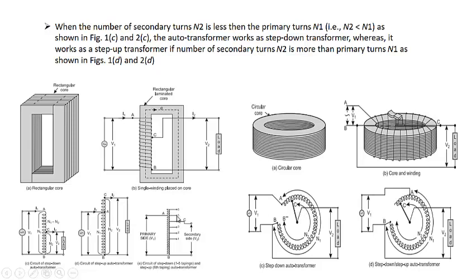For example, here N2 is greater than N1, so it's a step up transformer. Here also, if we connect to this point C, it will be a step up transformer, and if we connect to 4, 3, 2, 1, it will be a step down transformer.